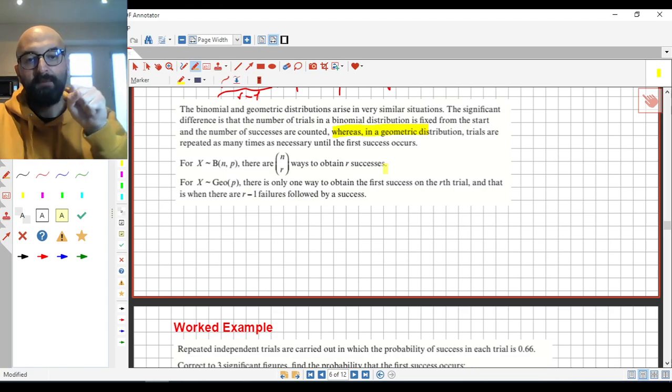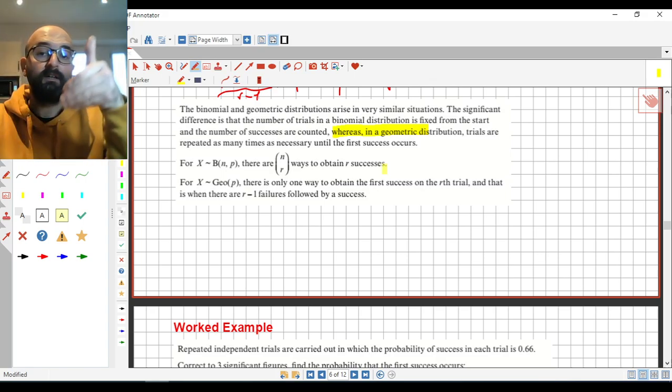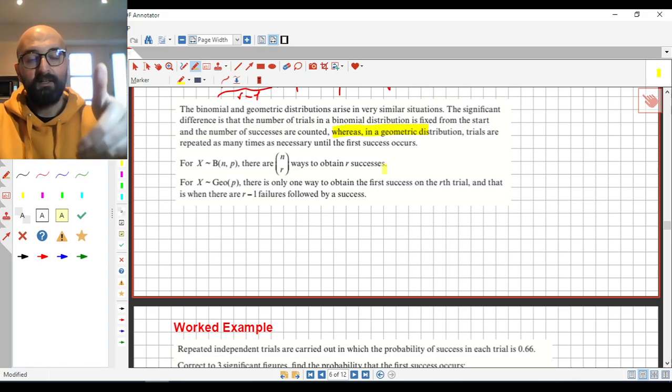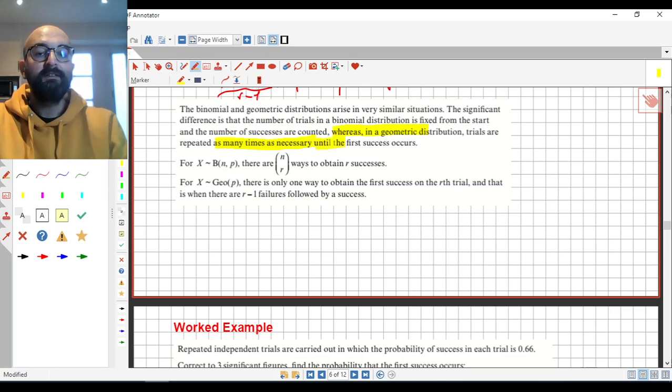Maybe the first trial is the success, maybe the second trial has to be the success, maybe the 10th trial has to be the success. So we can say it is a geometric distribution: trials are repeated as many times as necessary until the first success occurs.